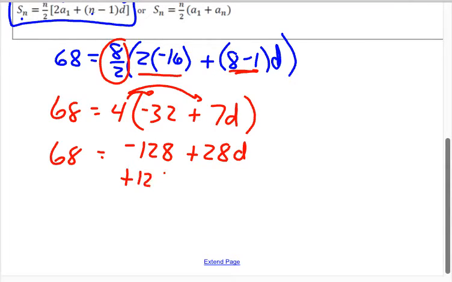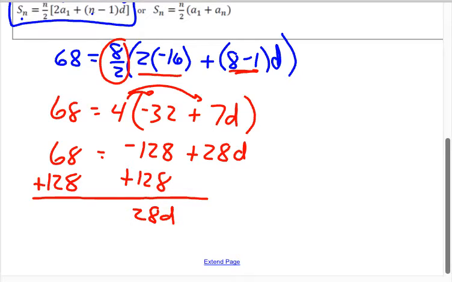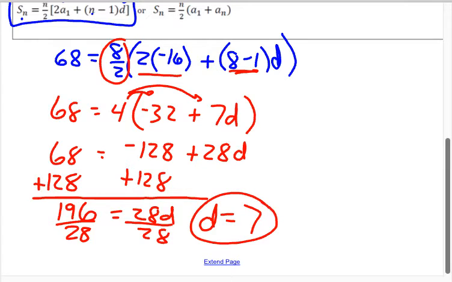Adding 128 to both sides, I'm going to get 28d equals, I think it's 196. Dividing both sides by 28. D equals 7. So my common difference is 7.